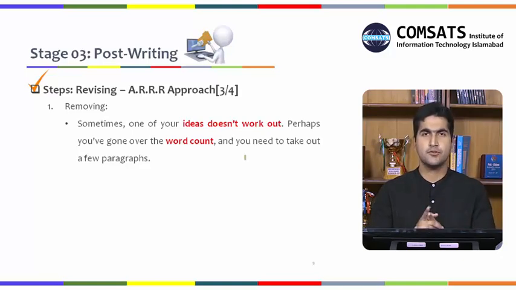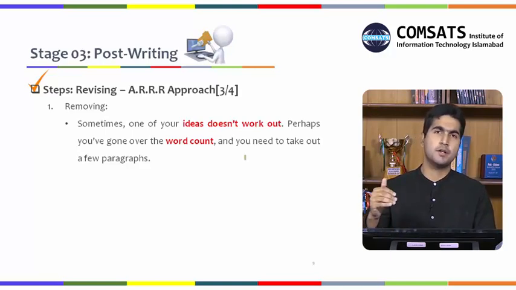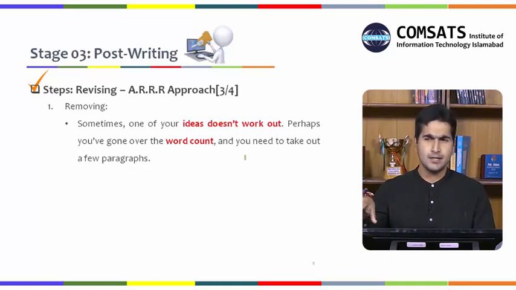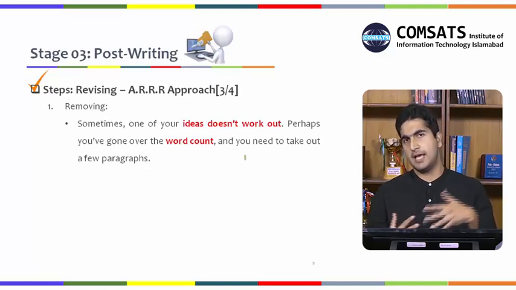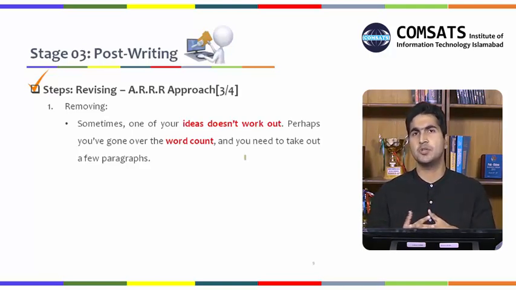So this is the stage or the approach, the strategy through which you are in a position to remove that idea and everything which you have talked about it, so that better connection and link can be established between the information which is already existing within the text.